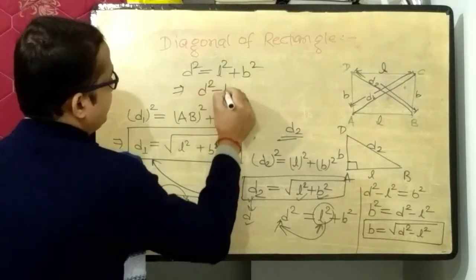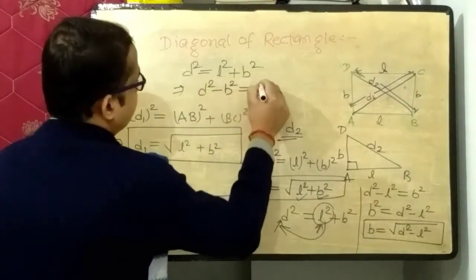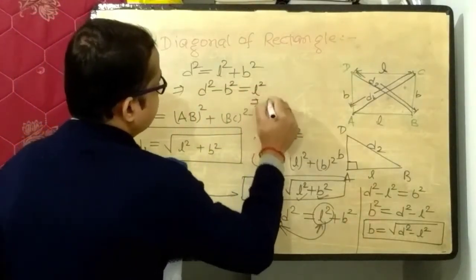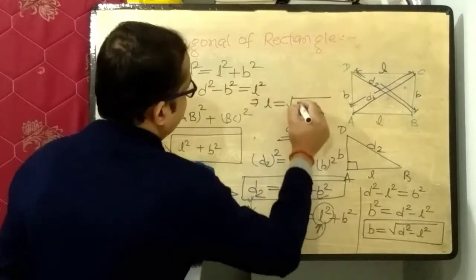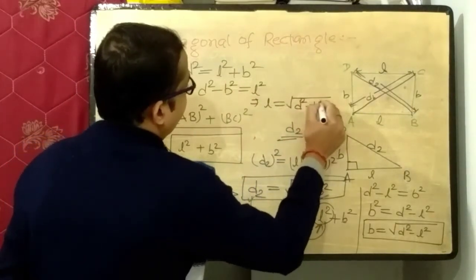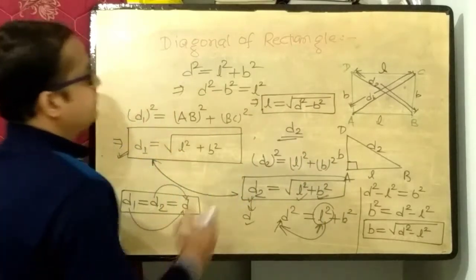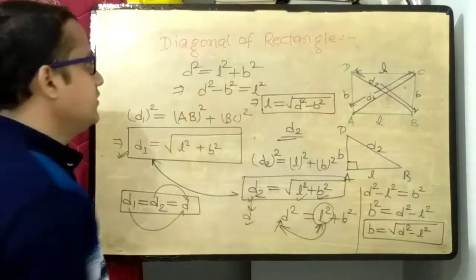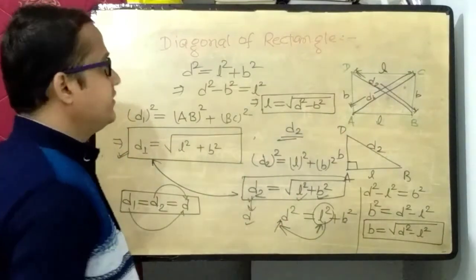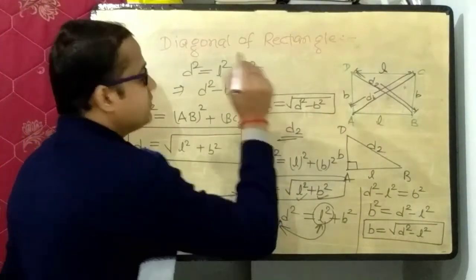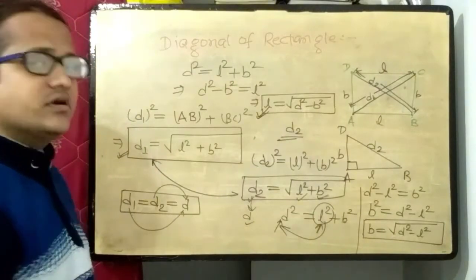So d square minus b square equals l square. This implies l equals under root d square minus b square. By using this formula, if the diagonal and breadth of the rectangle are given, you can easily find the length of the rectangle.